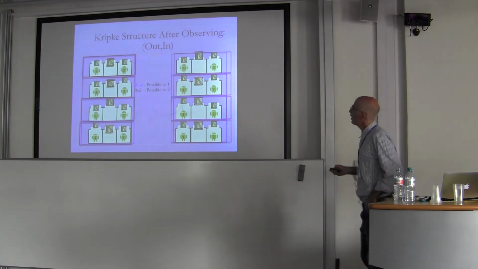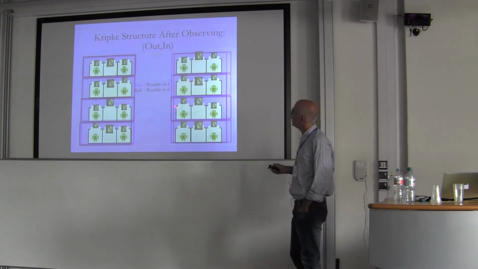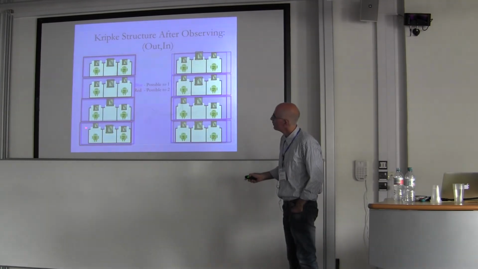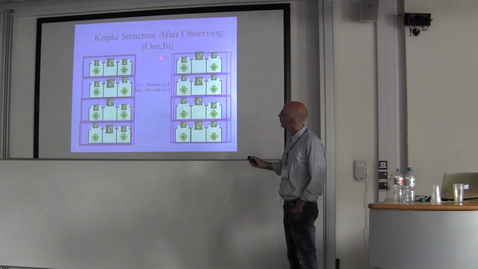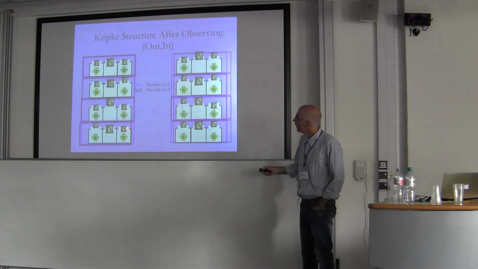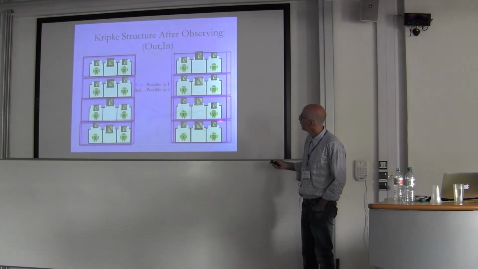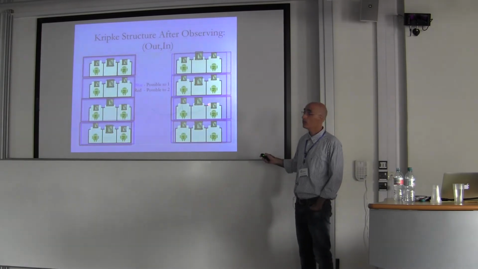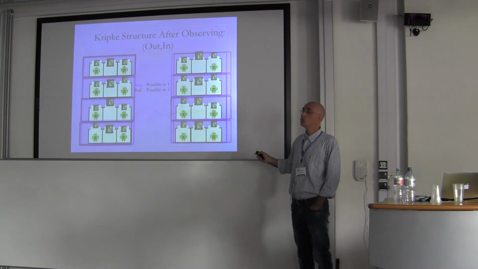So as far as the possible worlds for agent 1, look at the solid blue rectangle, right? Agent 1 observed that the box is out. So the states with the solid blue rectangle, this one, this one, this one, and this one, are the possible world states for that agent, and it cannot distinguish between the 4 of them.